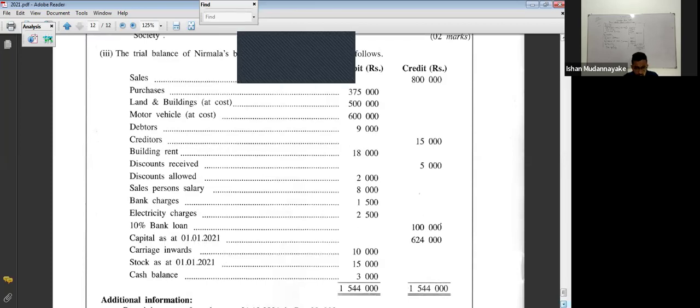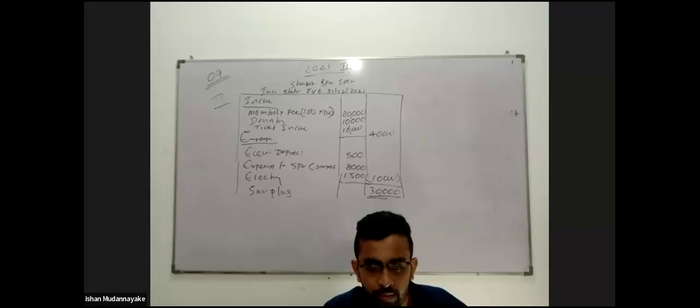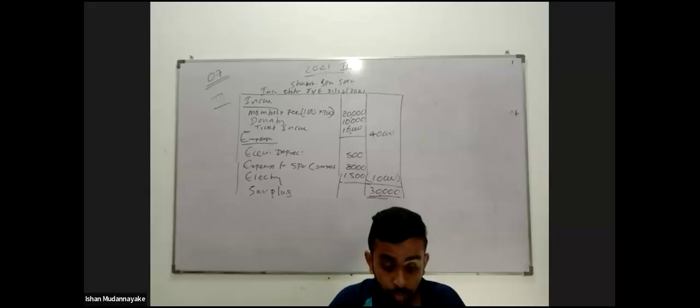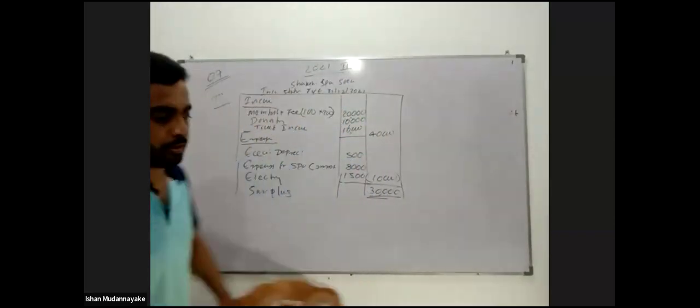If you haven't done this one, quickly prepare structures. Statement of profit and loss for the end of 31 December 21. Statement of financial position as of 31 December 21.